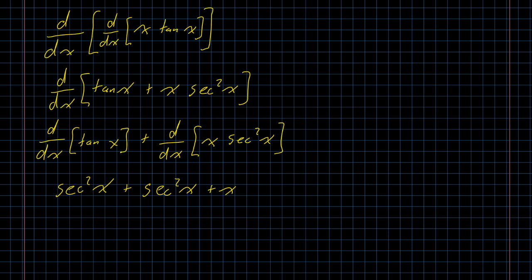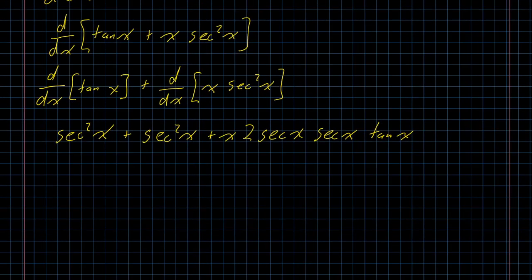We have secant and we have the squaring function. So the derivative of the squaring function will be 2 times secant x, and then we'll multiply by the derivative of secant x, which is secant x tangent x.